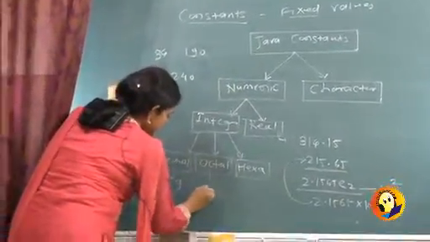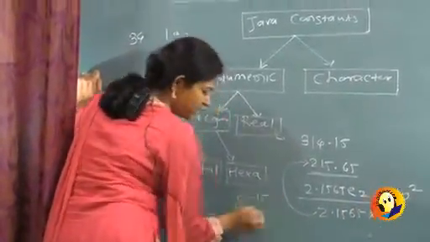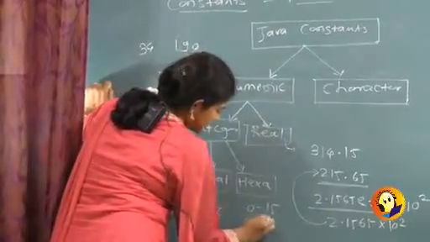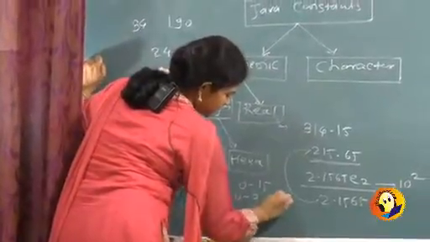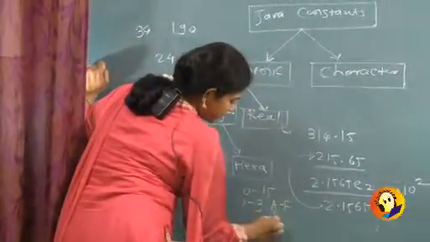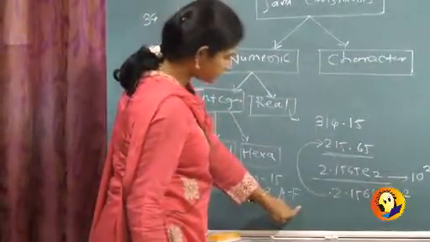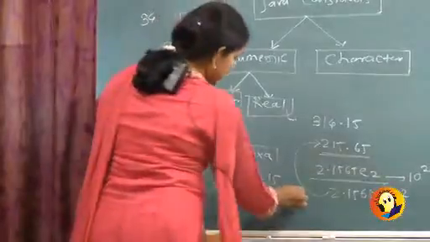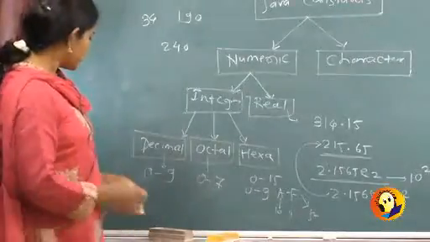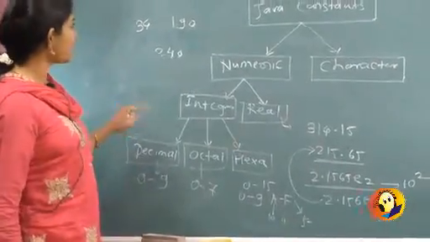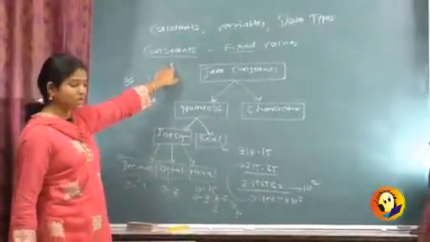Octal numbers start with 0 and end with 7, and hexadecimal numbers are from 0 to 15, but 0 to 9 are digits, and from 10 these are alphabets from A to F. A is 10, B is 11, C is 12, D is 13, E is 14, and the last alphabet F is 15 in hexadecimal. So these are various integer constants available in Java. Okay, so this is about constants in Java.